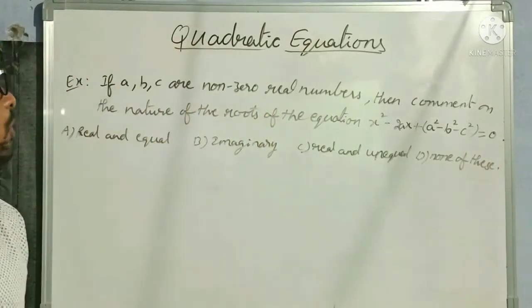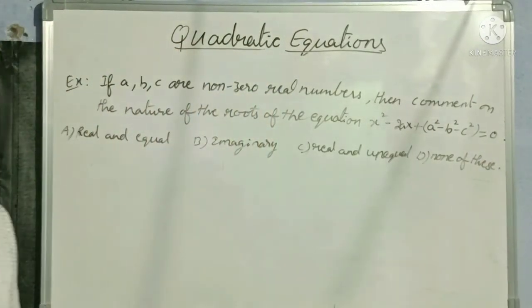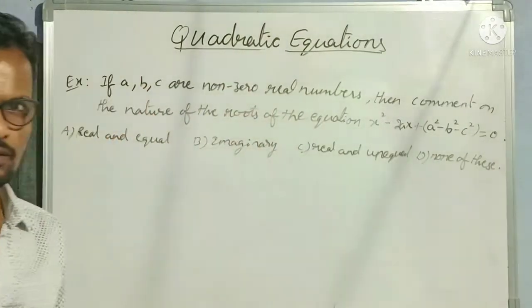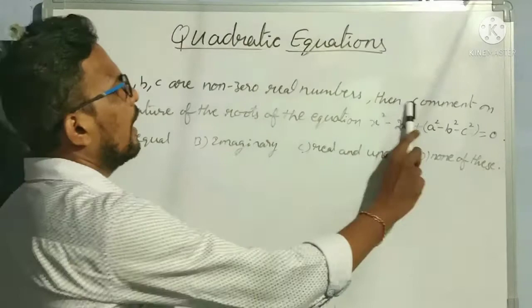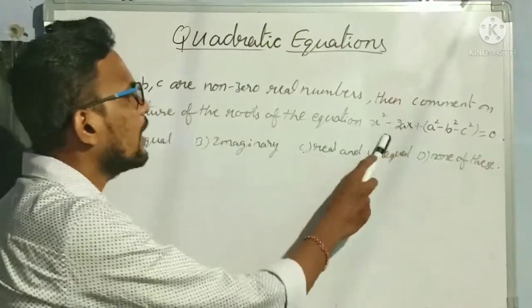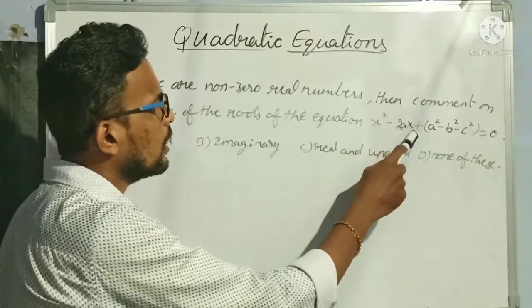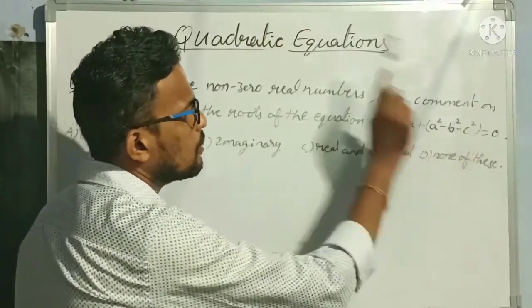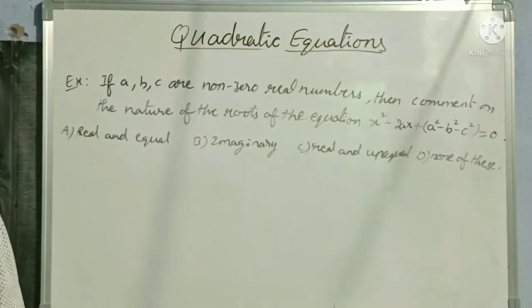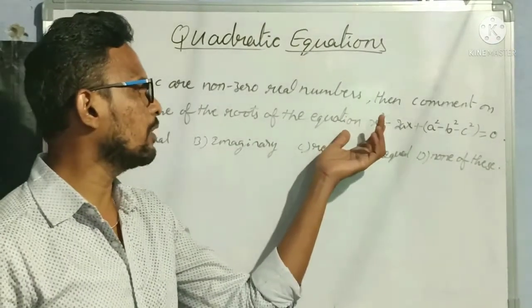Okay, so here in our question he has given that a, b, c are non-zero real numbers. Then we have to find out the nature of the roots of this quadratic equation, that is x square minus 2ax plus a square minus b square minus c square is equal to 0. Okay, so for finding the nature of the roots we need what?